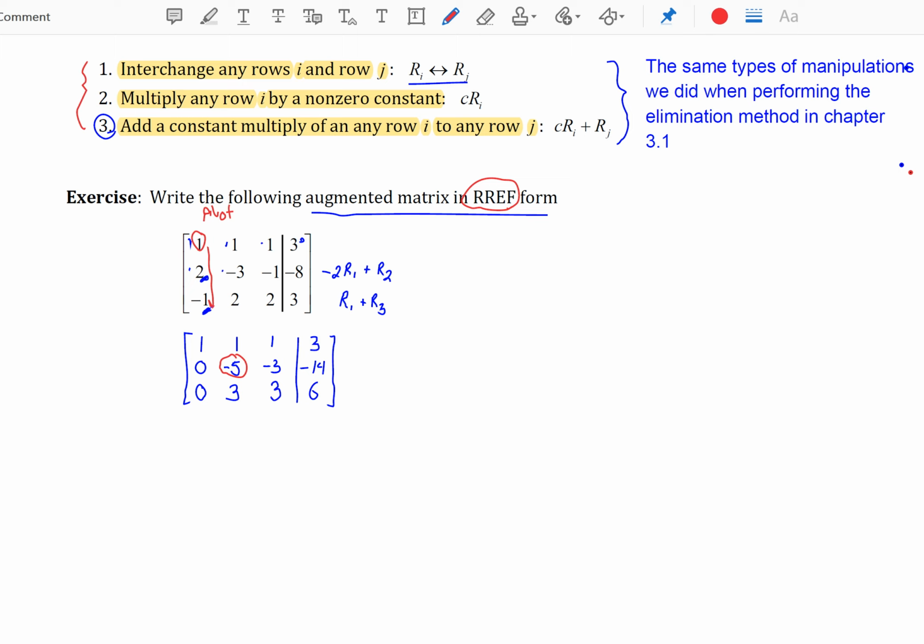And what I'm thinking is, I want this -5, I want this number right here to be a 1. I could multiply this row by -1/5, but then I introduce a bunch of fractions. So what I'm going to choose to do is swap these 2 rows. I want to swap rows 2 and row 3.